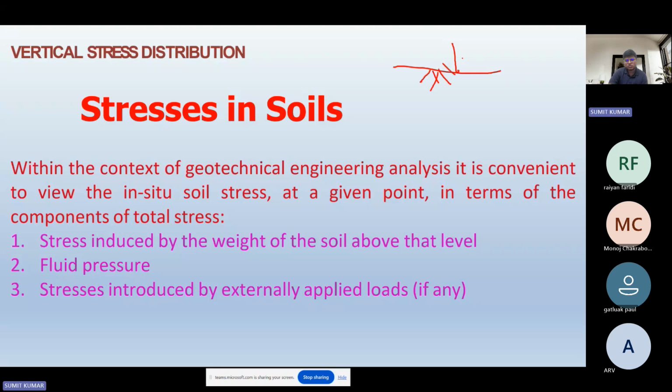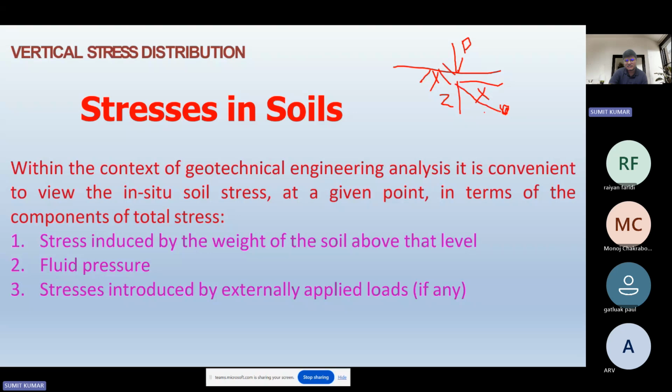If we consider 2D only, the load P or Q, whatever you say, is applied here, and we want to know what is the stress developed at this point, which is at distance x and at distance z from the load point, like this.